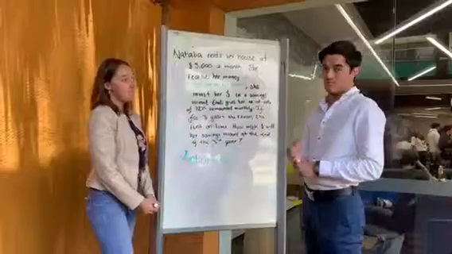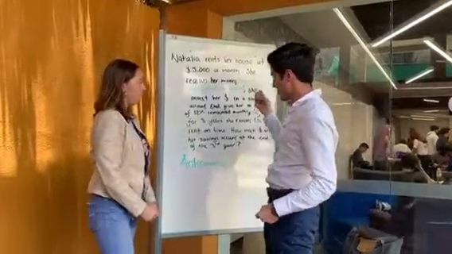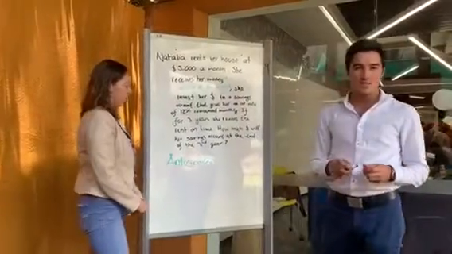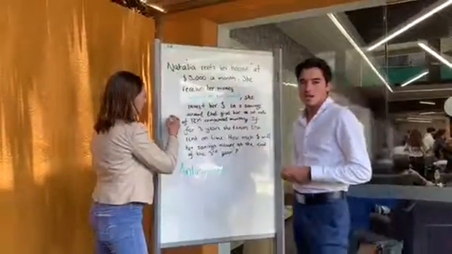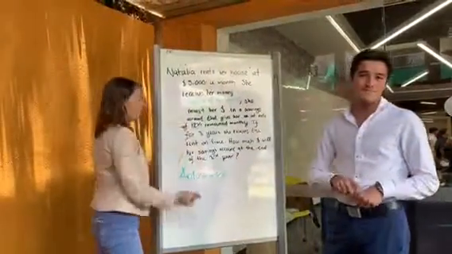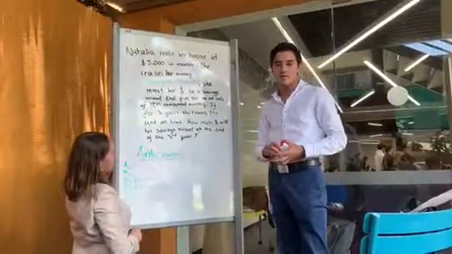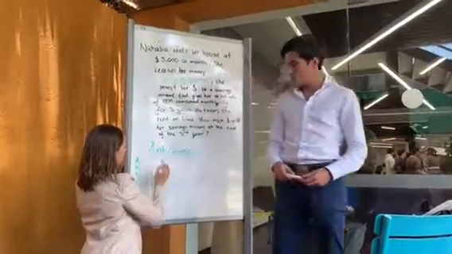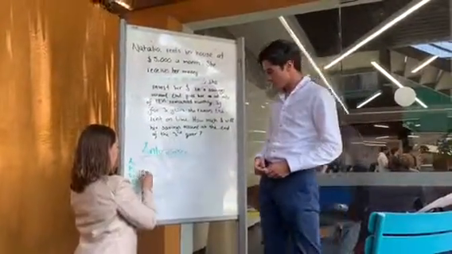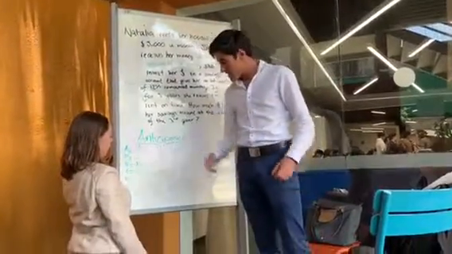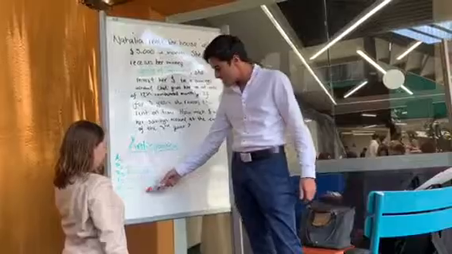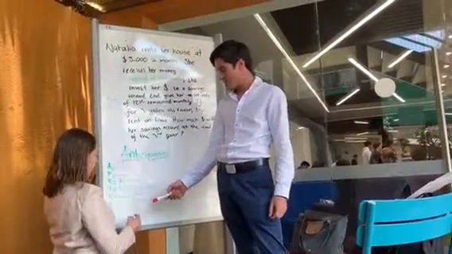They give you 12% compounded monthly, that's the interest rate. The problem is asking for the final amount in 3 years, so we don't know A, we need to find A. P is not required, and the interest is 0.12.